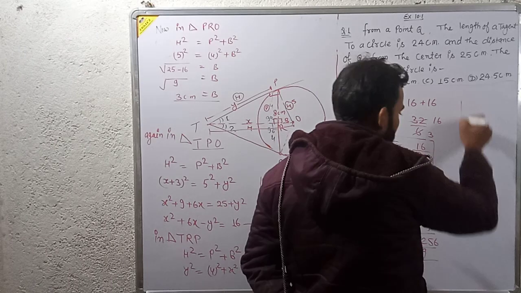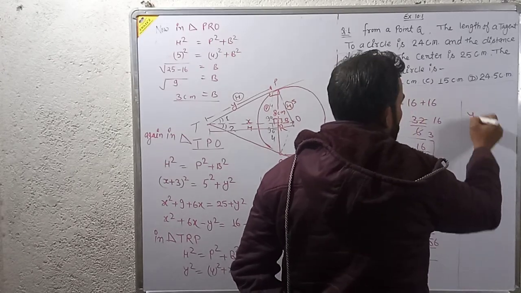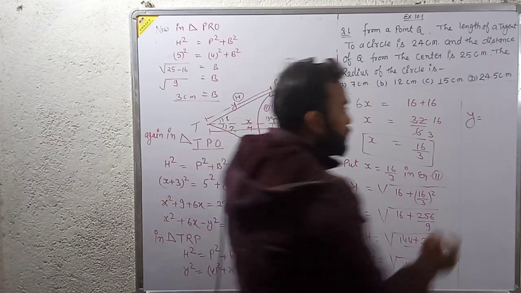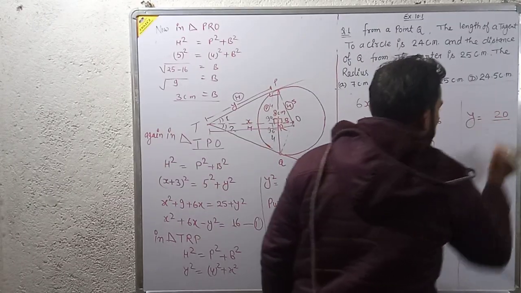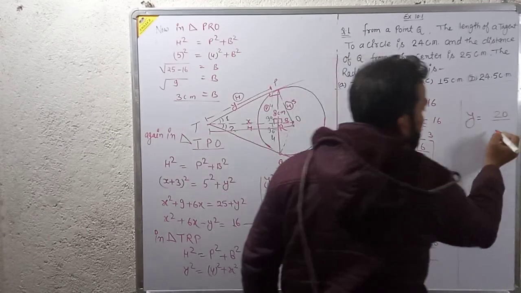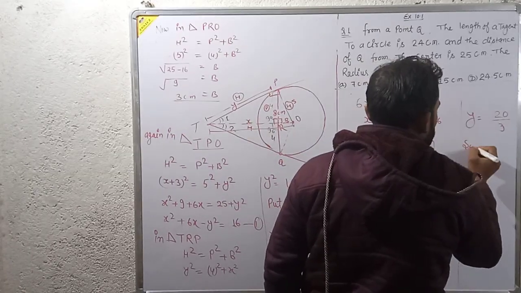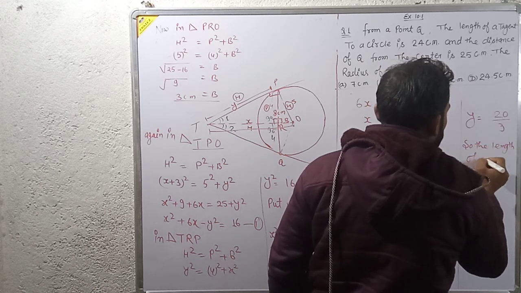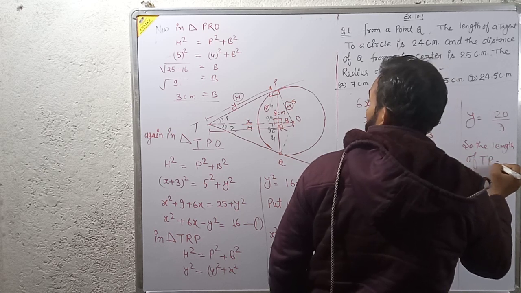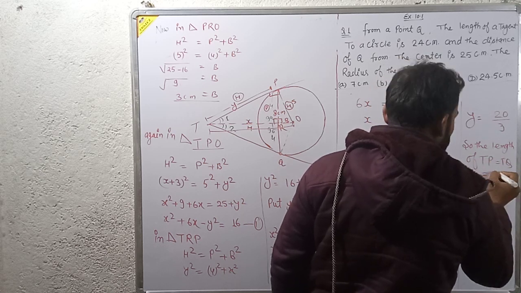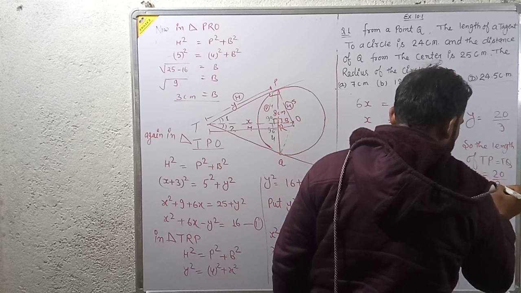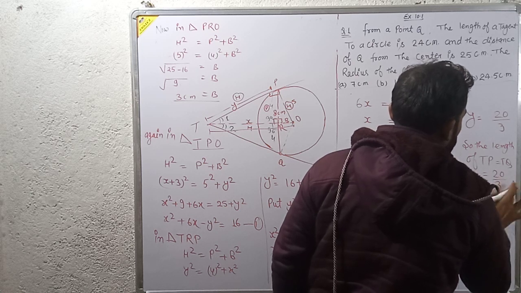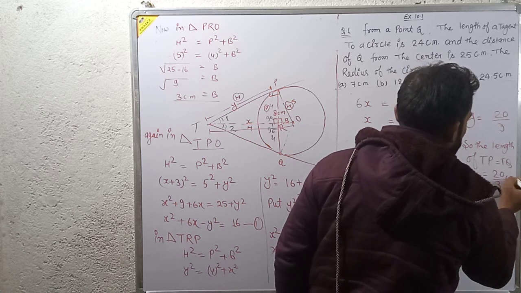So y is equal to root of 400 divided by 9. Square root of 400 will be 20 and square root of 9 will be 3. So the length of TP is equal to TQ is equal to 20 upon 3 centimeter. Clear?